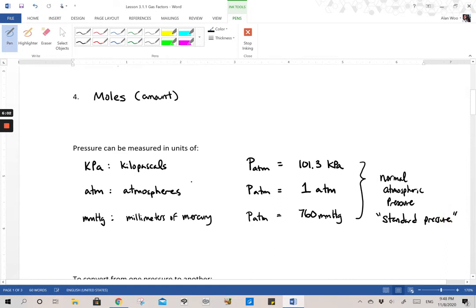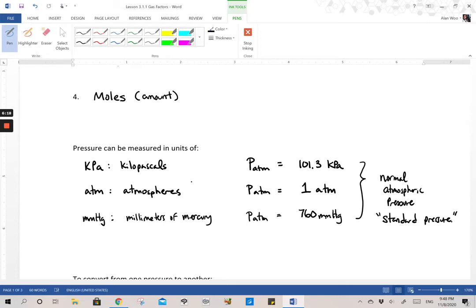Whatever values we have for measuring gases, we always compare them to what they would be at standard pressure. A lot of the calculations and formulas that we use work as long as we have some kind of standard in place.